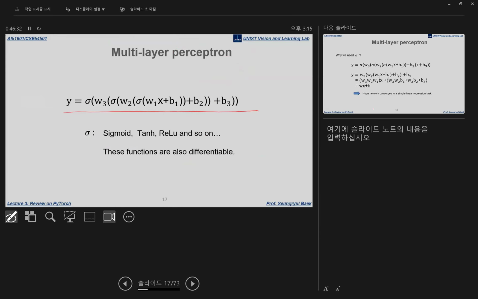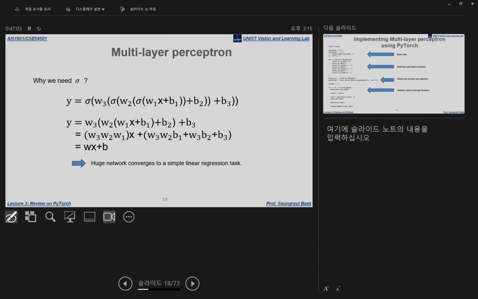Also, in the previous lecture, I mentioned that I will explain why these activation layers are required in deep learning architectures. Okay. This sigma denotes the nonlinear functions that we learned last time, like sigmoid, hyperbolic tangent, and ReLU functions. Okay. These functions are differentiable. ReLU is sometimes not differentiable, but that's fine for deep learning. Okay.